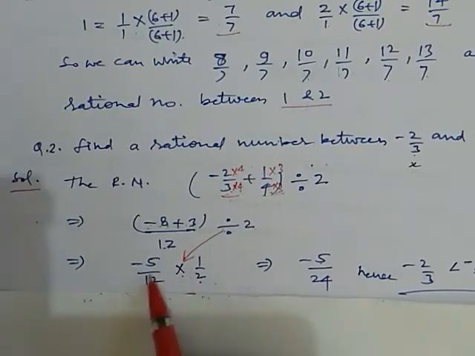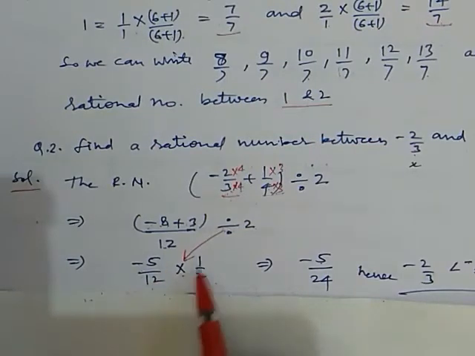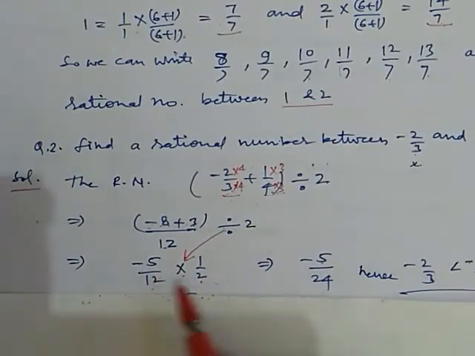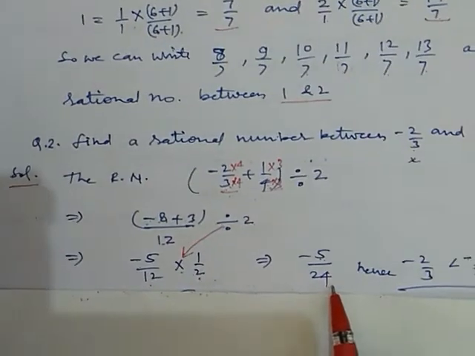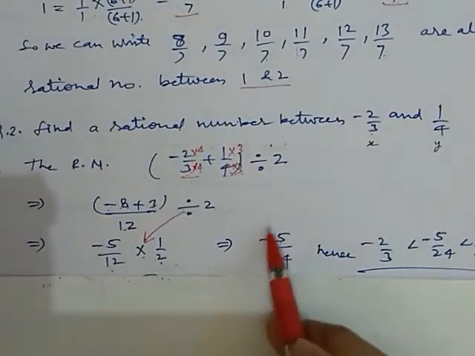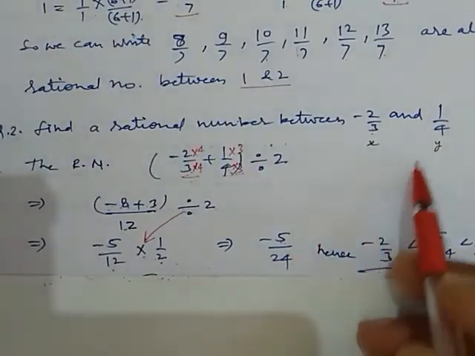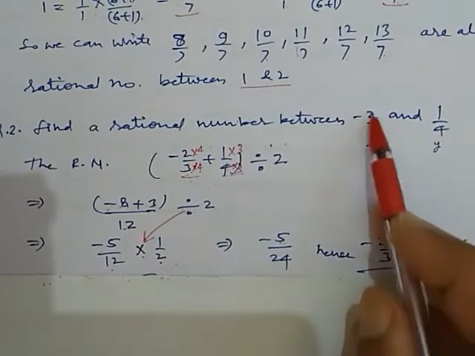This way we get minus 5 by 12 into 1 by 2. How much is it? 5 into 1, that is minus 5. 12 into 2, that is 24. So here we receive minus 5 by 24, which is in between these two numbers, minus 2 by 3 and 1 by 4.